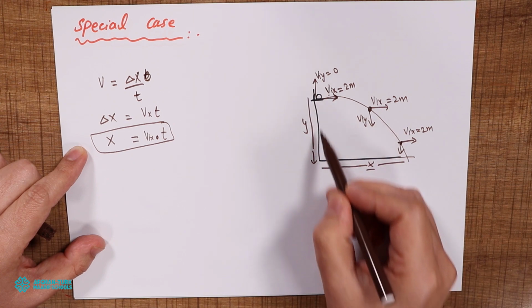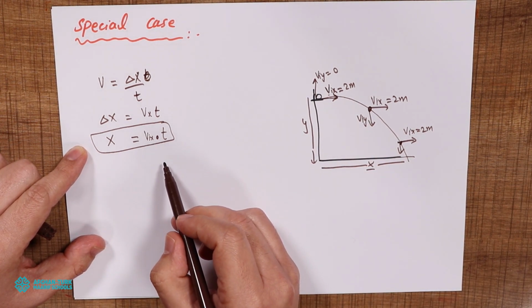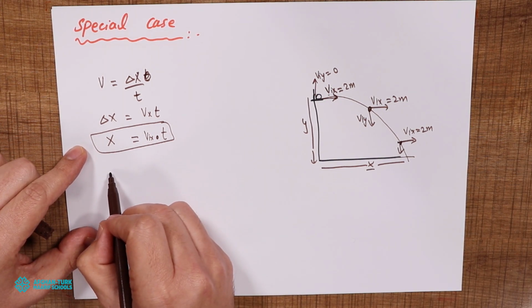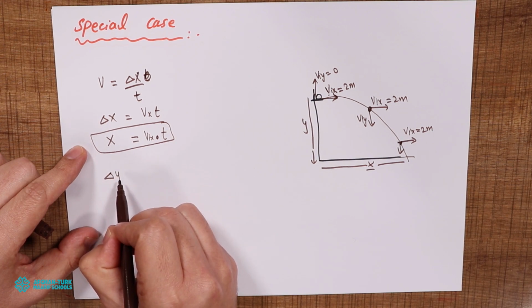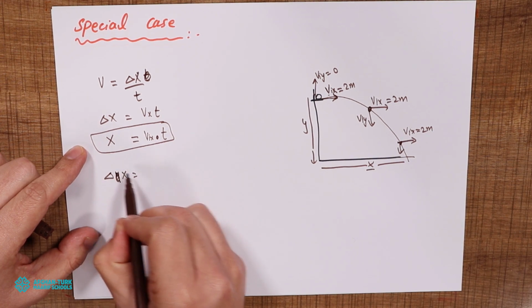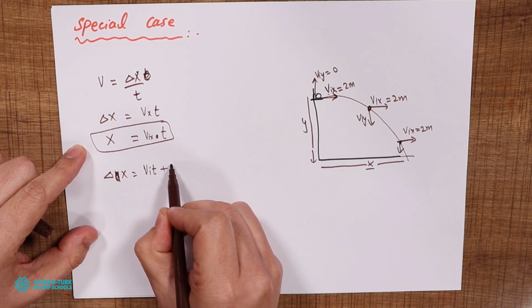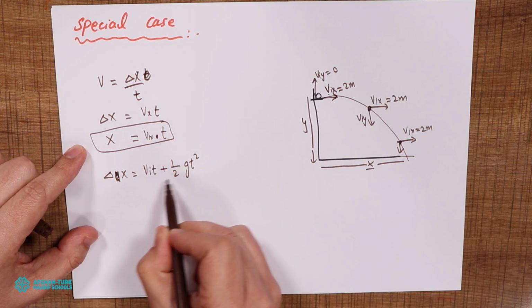Now on the vertical side, let's see here in the special case. For the vertical side we can use the second equation of motion. We know that delta y is equal to vi t plus half g t square. This is the second equation of motion.